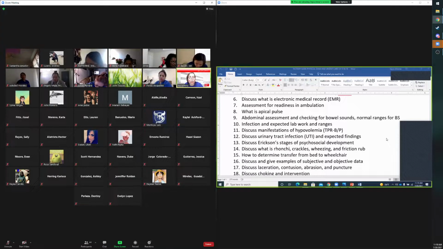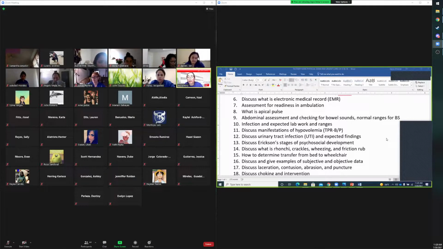Discuss Erikson's stages of psychosocial development. These are generativity versus stagnation, identity versus role diffusion, intimacy versus isolation, and trust versus mistrust. Did you read about this? That's in chapter 19.